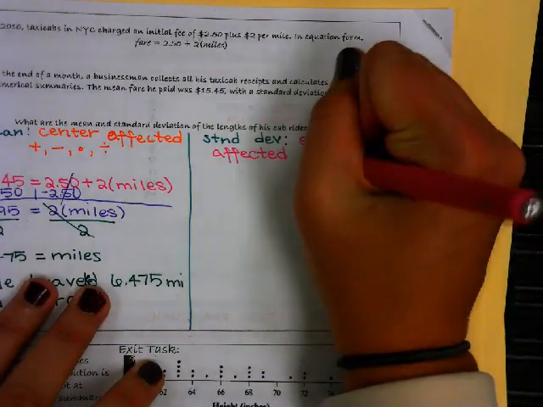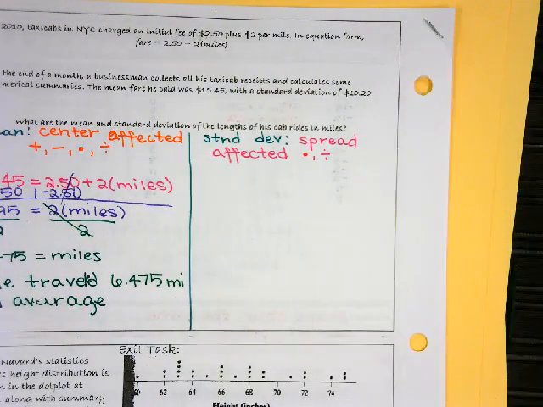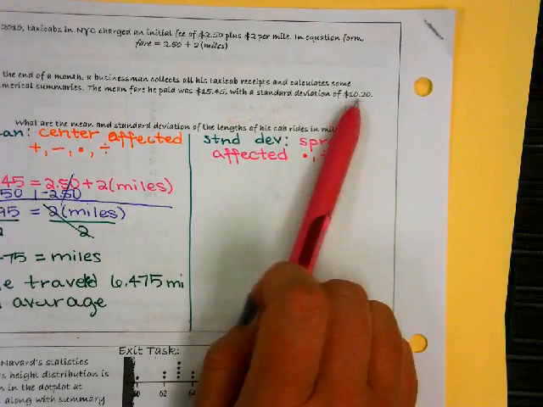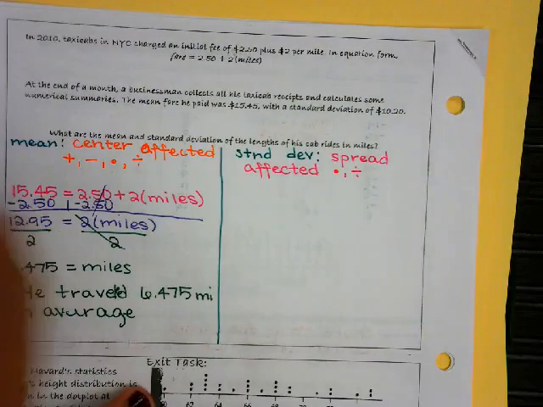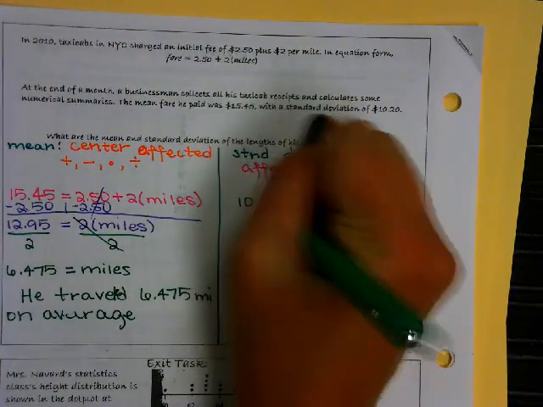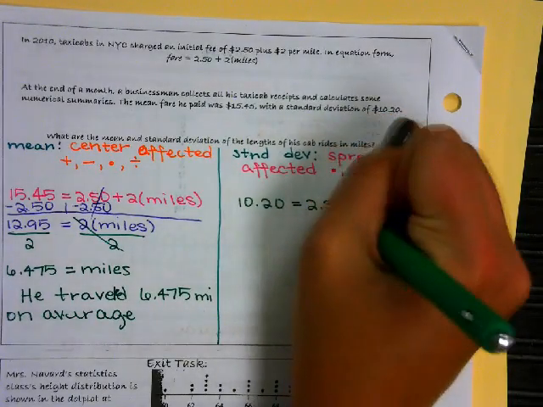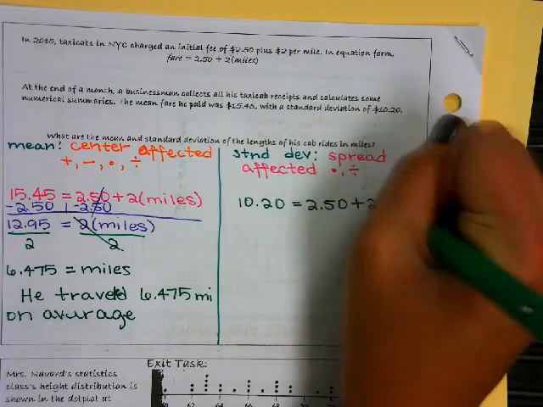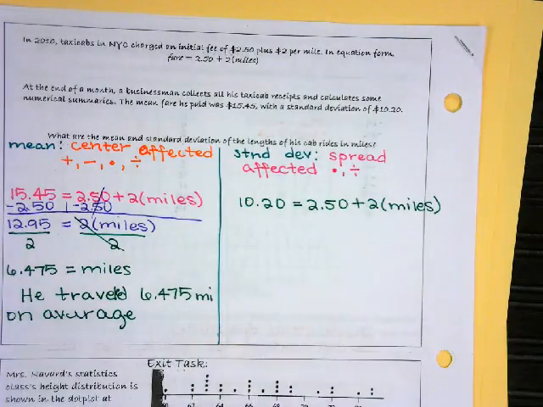So we know his standard deviation for his fares was 1020. So we have 1020 is equal to 250 plus 2 times the number of miles. First step in solving for miles would be subtract 250.